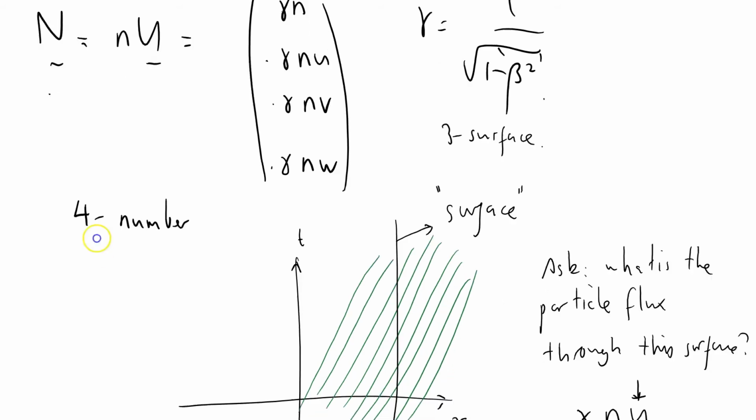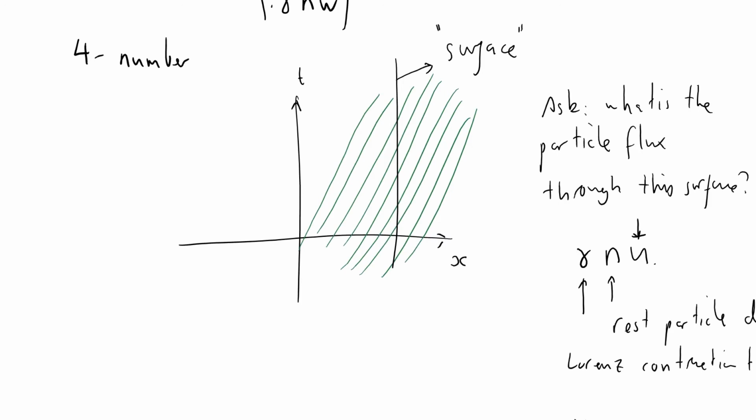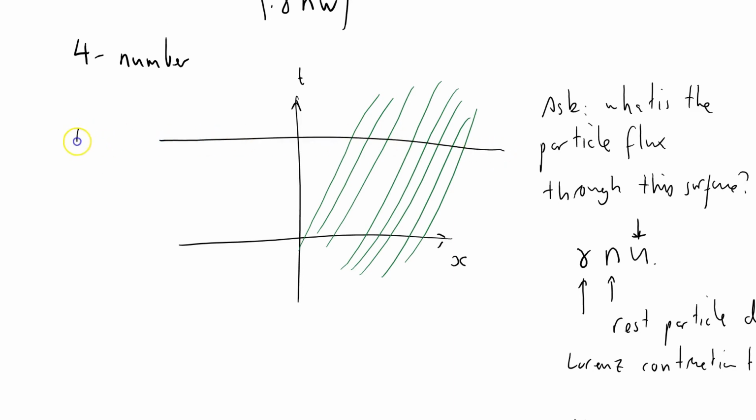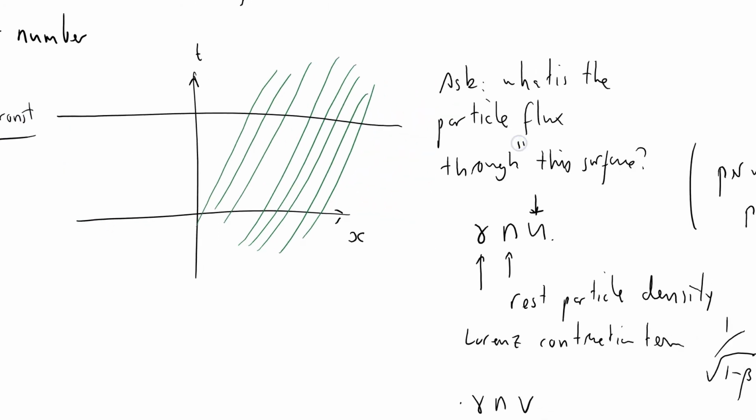It makes sense. You see, here I've just casually created a surface. Well, I'm going to get rid of that, and I'm going to draw a new surface. Go back to black, and I'm going to draw a new surface. This is t equals constant, and in the same way, I've got particle flux through this surface. I had particle flux through a surface with constant x.